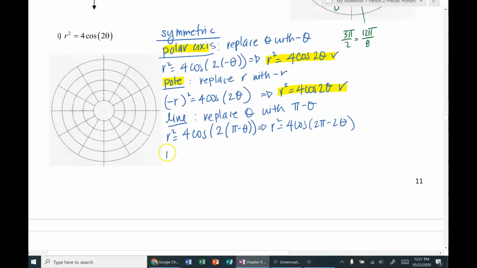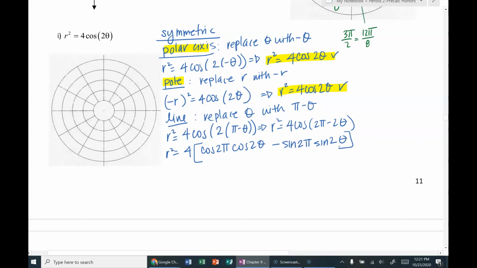Let's use the difference formula for cosine. So cosine of 2 pi cosine of 2 theta minus sine of 2 pi sine of 2 theta.